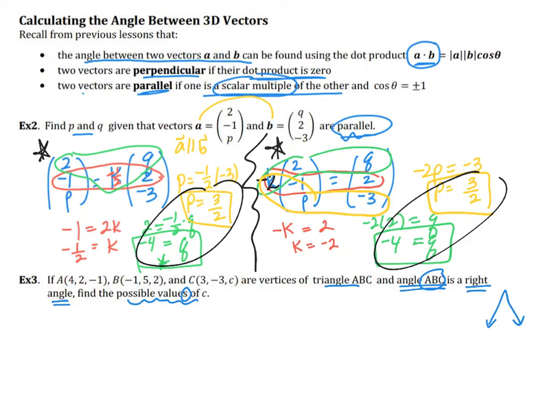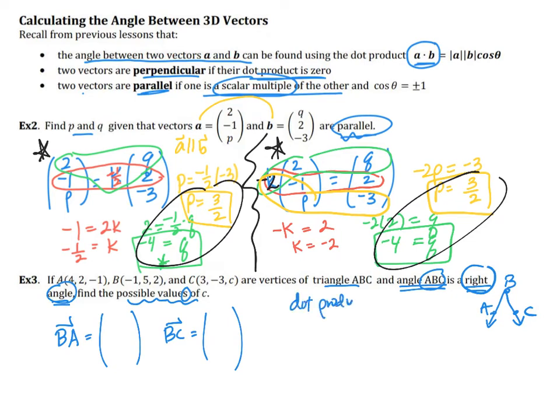That means that you have A out here, B right here, and C right here. So in order to find the angle ABC, you have to find vectors BA and BC. And if these two vectors are going to create a right angle, you know when you find their dot product, it should equal 0.